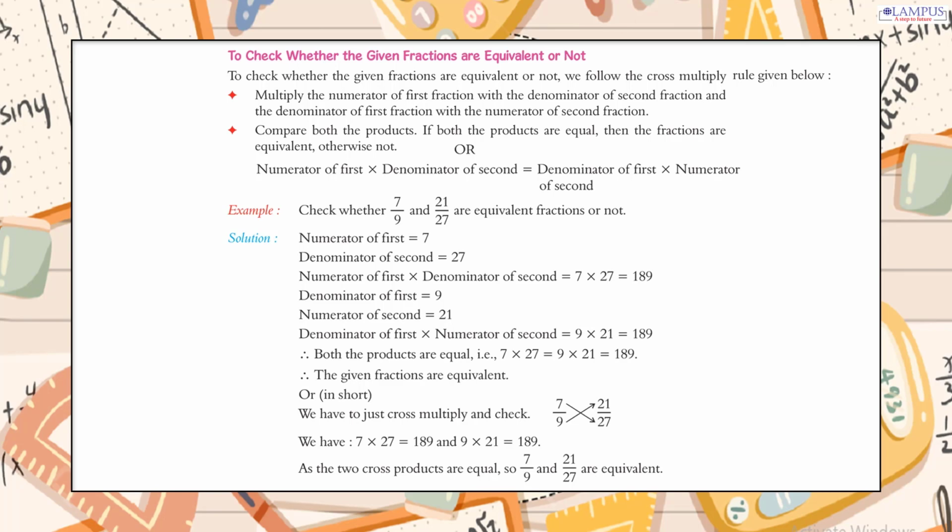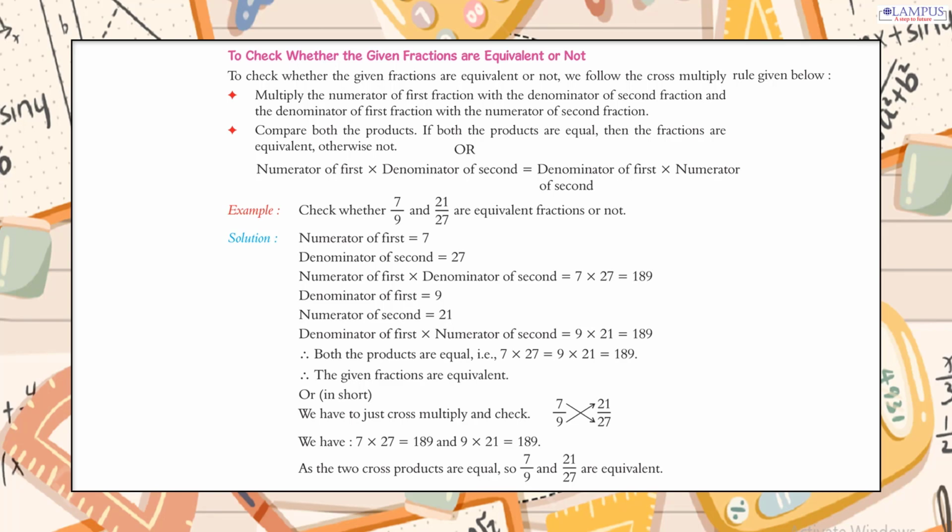Denominator of first equals 9, numerator of second equals 21, denominator of first multiplied by numerator of second equals 9 times 21 equals 189. Therefore, both the products are equal, that is, 7 times 27 equals 9 times 21 equals 189.